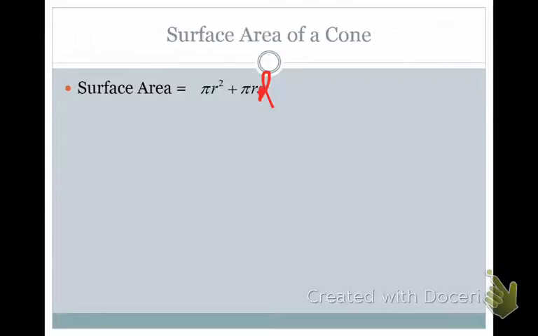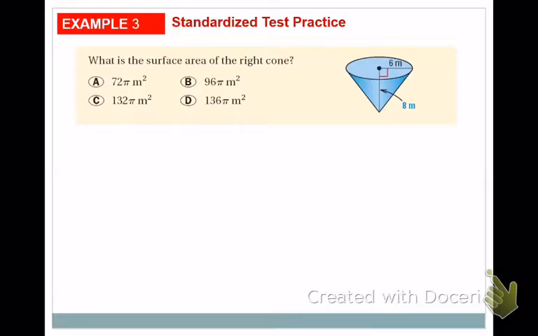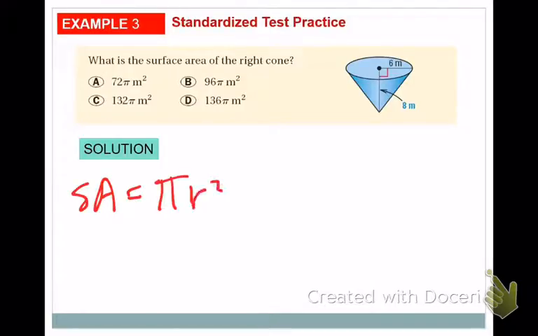Let's look at an example. Surface area of a right cone. So we write the formula, surface area equals pi r squared plus pi r L, the slant height.